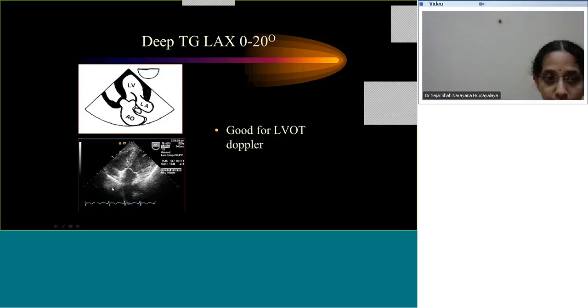This is one view on TEE which can give us good left ventricular outflow Dopplers, and with a little rotation to the right side, the right ventricular outflow can also open up. So to get the Dopplers, the transgastric view is needed because there are no other views in transesophageal echo where we can get LV or RV outflow gradients.